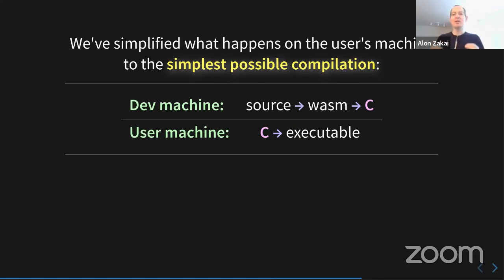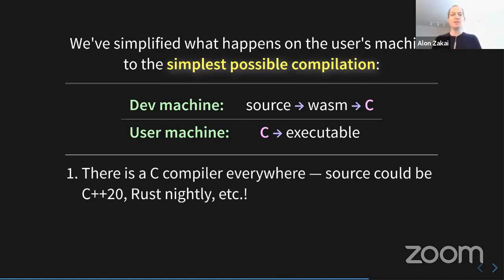We've simplified what happens on the user's machine to the simplest possible compilation. What I mean by that is, on the developer machine, we compile source to Wasm using our Wasm toolchain. Then we compile Wasm to C. We ship that C code to the user machine. On the user machine, we need to compile the C to an executable.